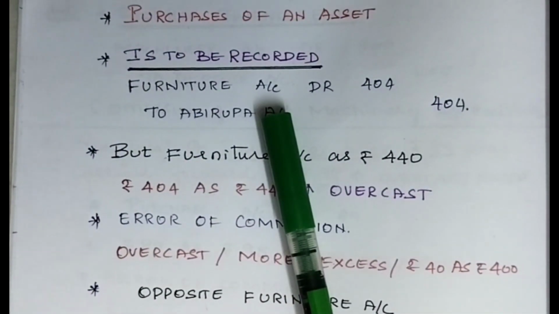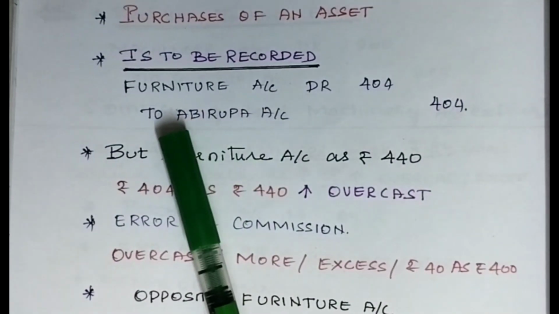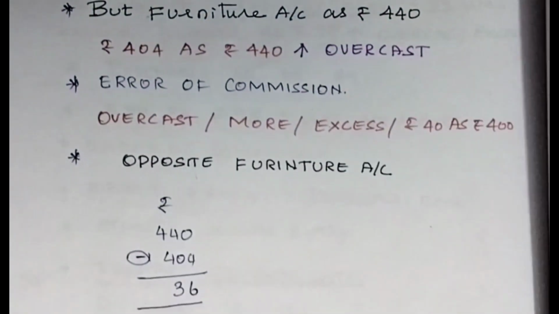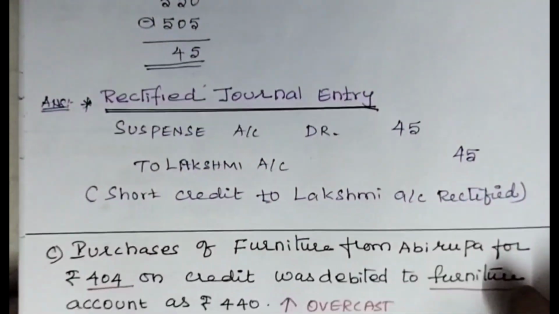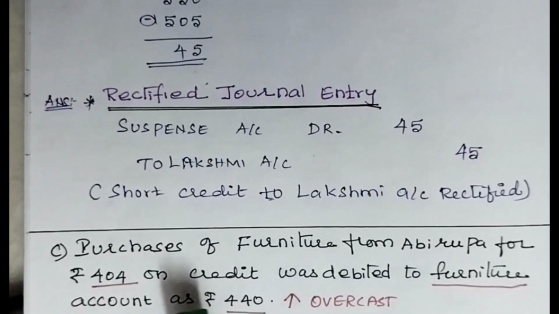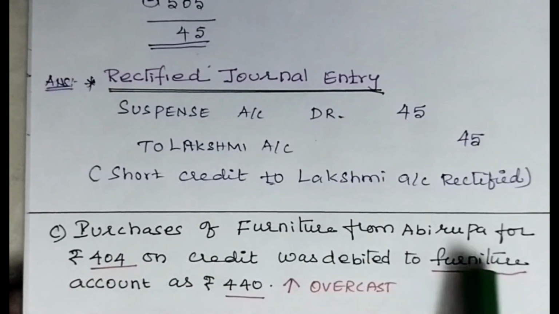But the accountant correctly entered 404 in Abhirupa's account, but wrongly debited furniture account as 440 instead of 404.